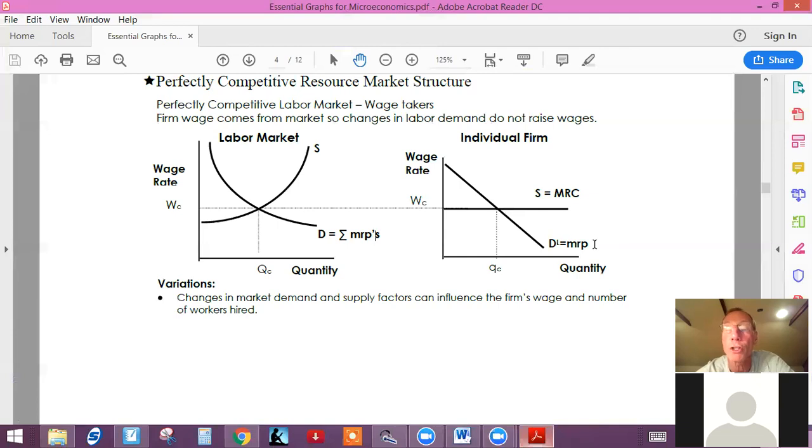So you would say that his or her marginal revenue product is $20 an hour. And if the wage is greater than that, then you're not going to hire the worker. Like if this wage rate right here was $30 an hour, and you had a worker up here that had a marginal revenue product of only $20 an hour, then you're not going to hire.